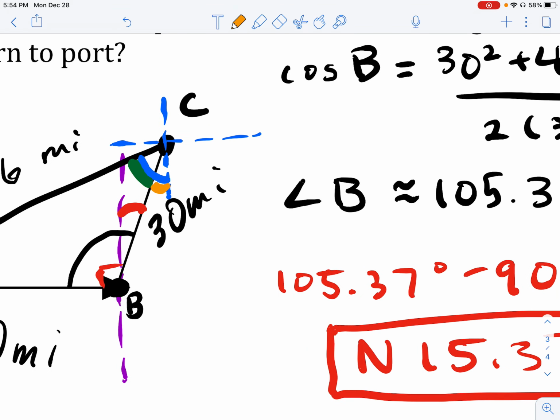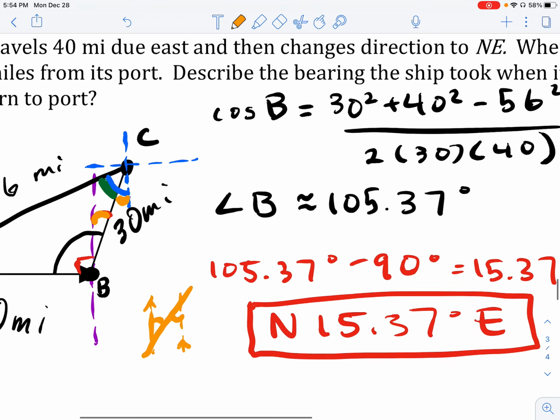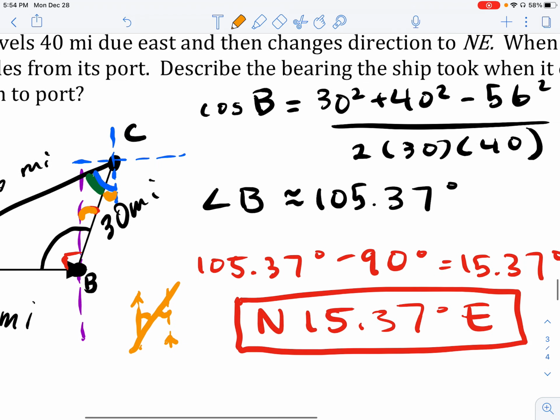Well, we've got alternate interior angles. We have parallel lines cut by a transversal here. We know that this angle down here is congruent to this angle. So again, this angle here is congruent to this angle here, and we figured that out earlier. We said that that was 15.37 degrees.